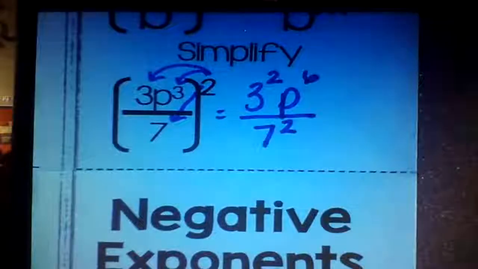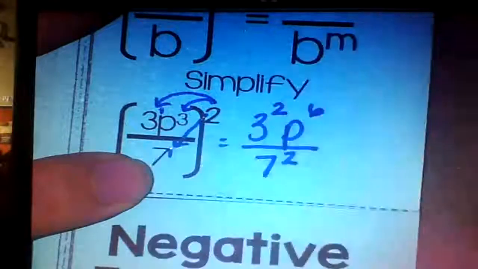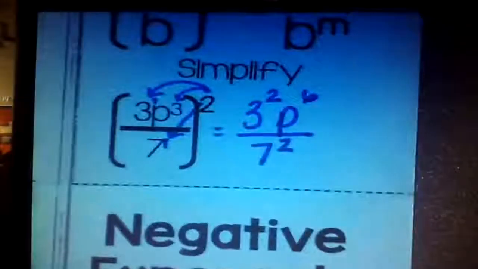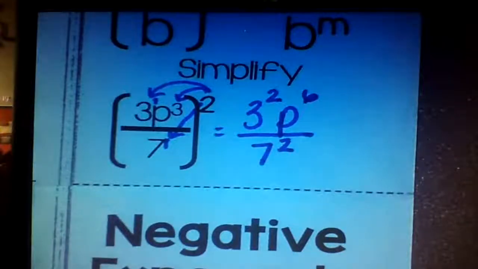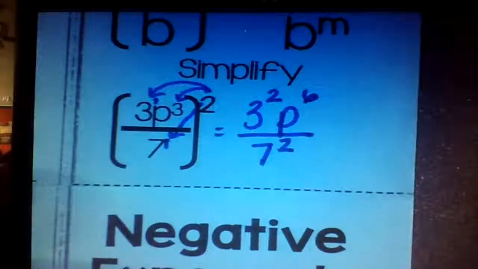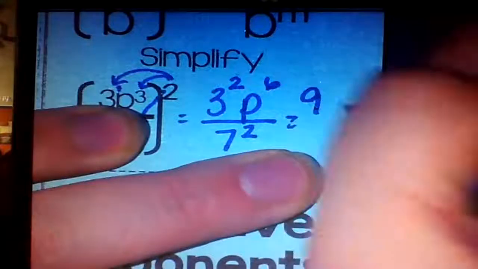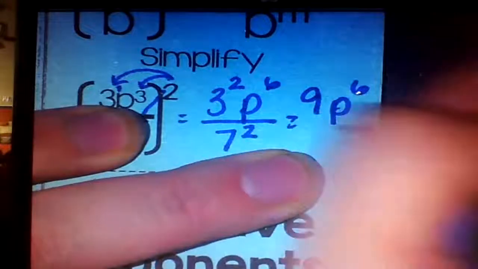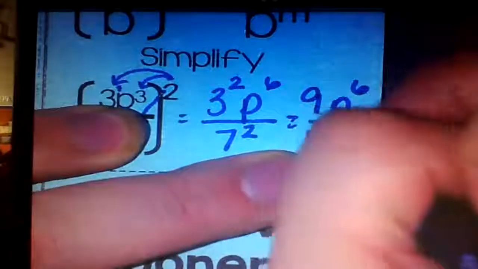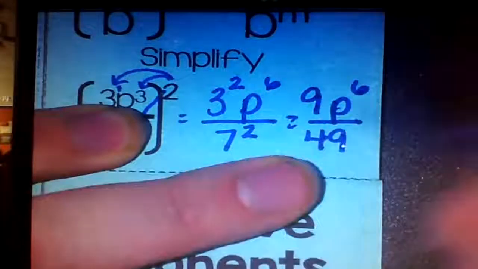So 3 had an unwritten exponent of 1. 7 has an unwritten exponent of 1. So I multiply 2 times 1 is 2, 2 times 3 is 6, 2 times 1 is 2. So then I finish this off. This is 9 p to the 6th over 49.